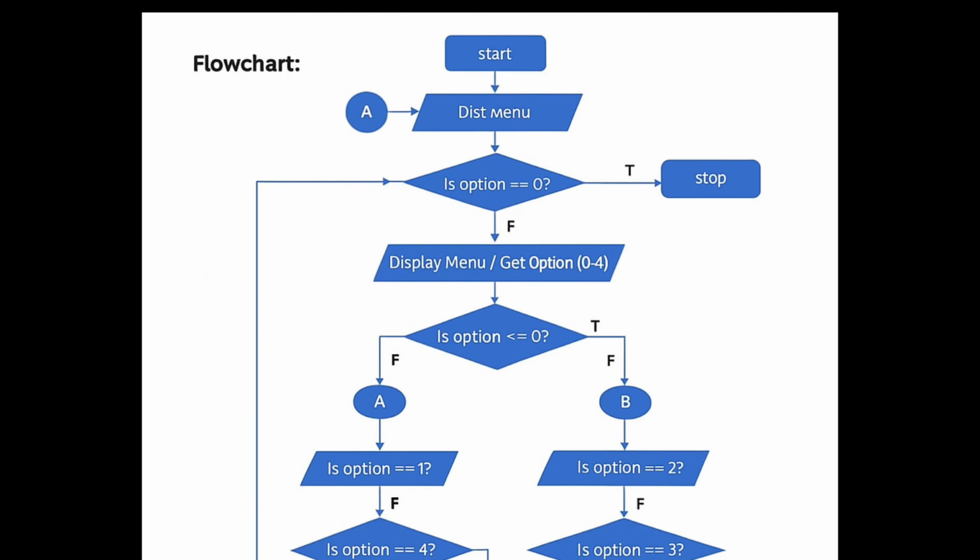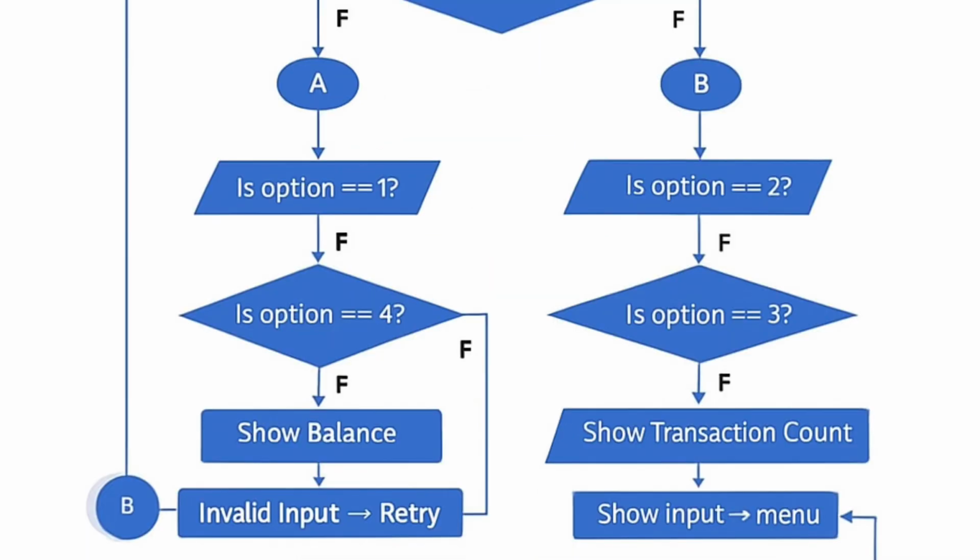On the left branch, the program checks is option 1. If the option is not 1, it checks option 4. If the option is 4, the program goes to show balance, displaying the current account balance. If it's none of these options, it is considered an invalid input, and the program sends the user back to retry.